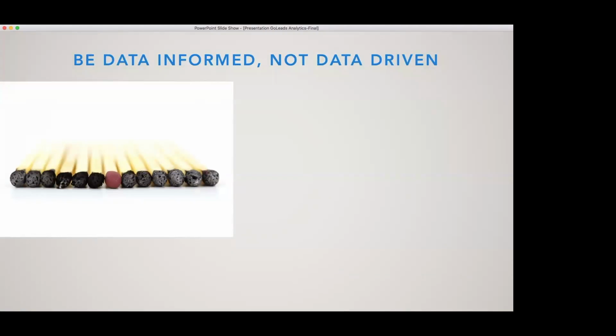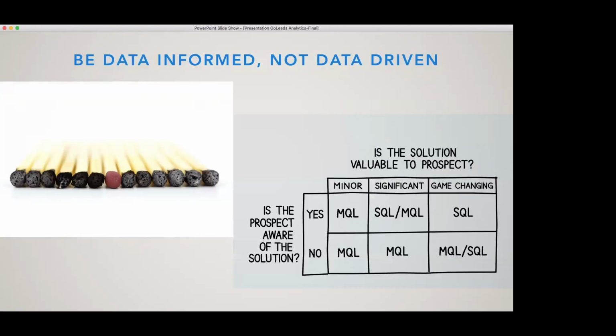What they mean by that, in this example, is figuring out the red active match versus all the burnt out matches. So you want to use this data, but you want to let it inform you versus dictate what you're supposed to be doing next. I bring this up because it's easy to go the wrong way, and I will show you in this little graphic that I have.